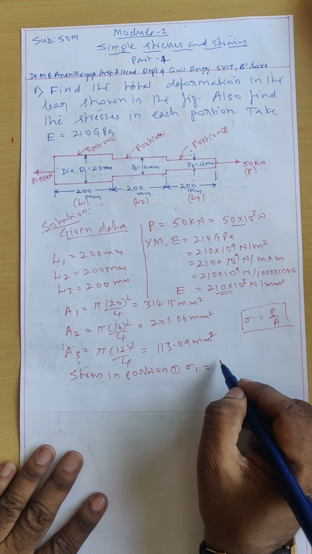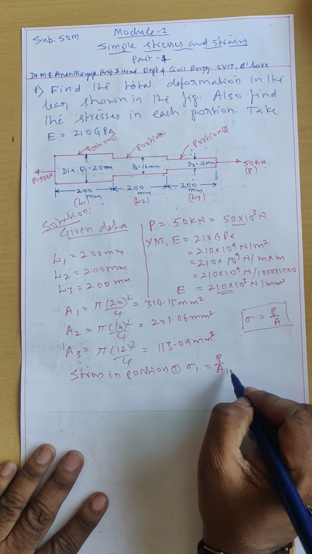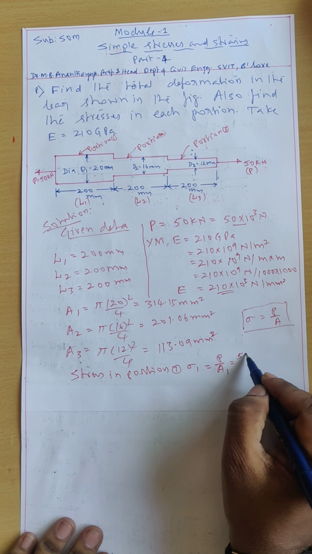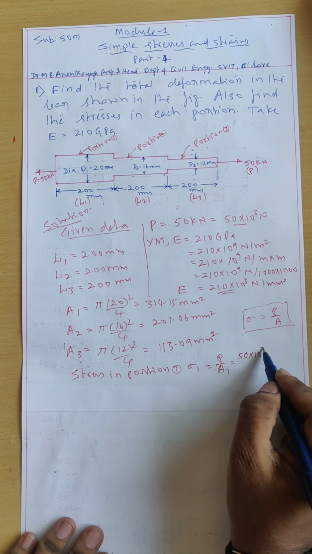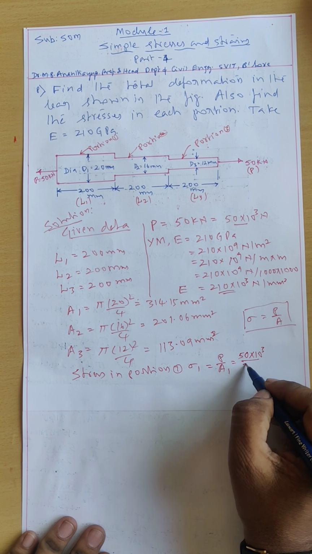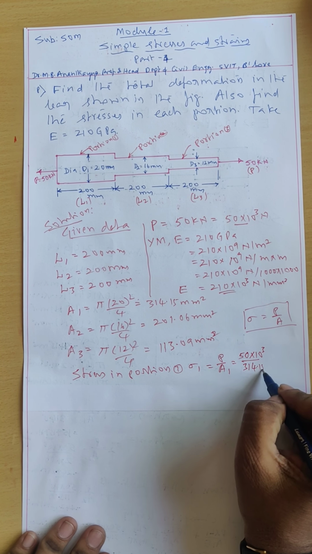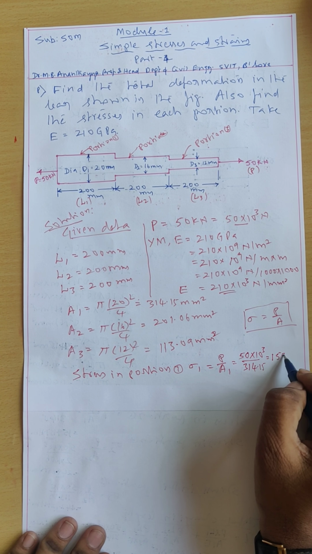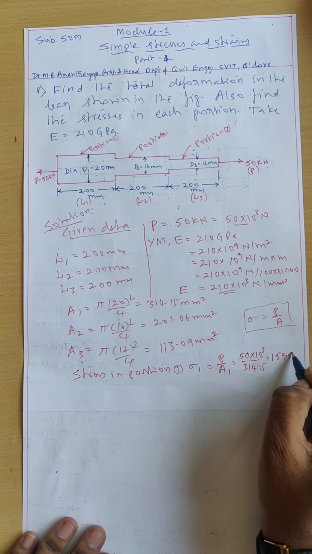Sigma 1 equals P by area 1 for the first portion. P is 50 into 10 to the power 3 divided by area 1, which we already calculated, 314.15. It comes to be 159.15 Newton per millimeter square.